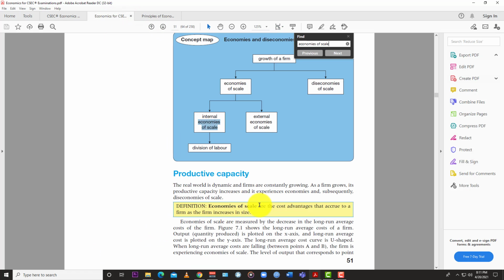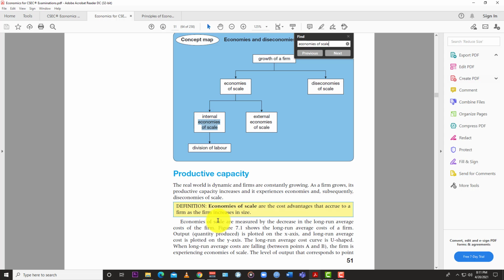economies of scale? Economies of scale are those advantages that accrue to a firm as the firm increases in size. So simply put, economies of scale are all those advantages that a firm gets as its output, its size, its production level increases. You can also say economies of scale is where the cost of production goes down as the output of the firm increases.